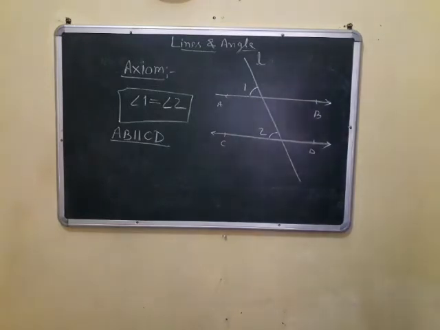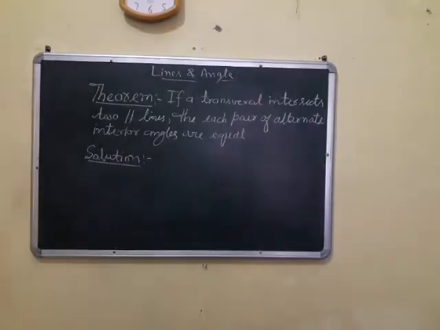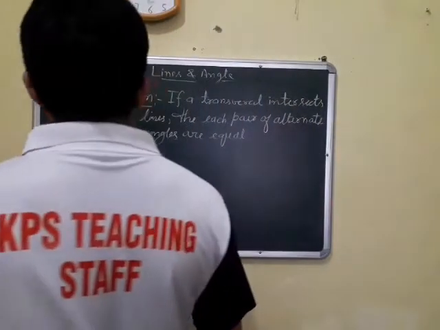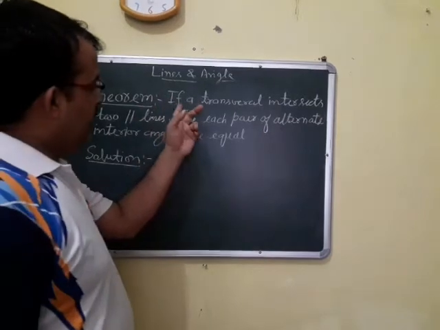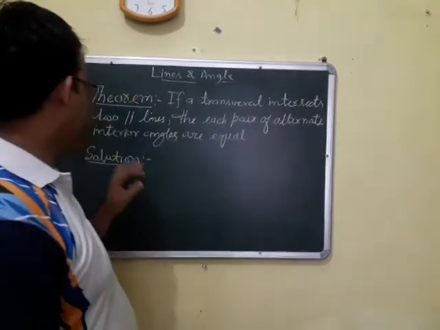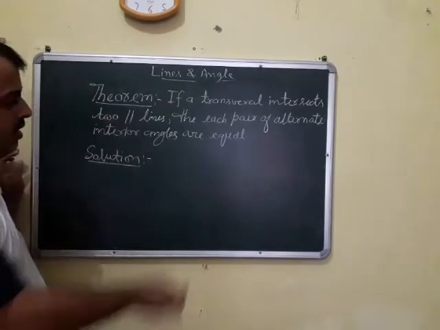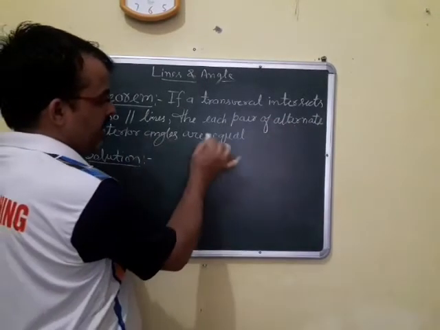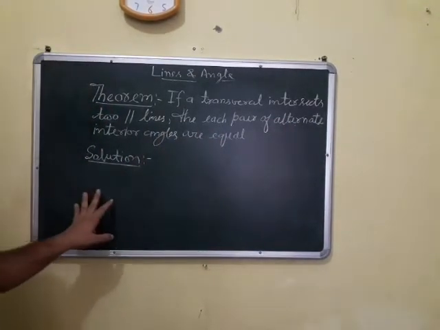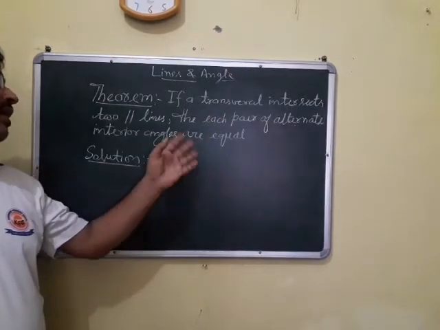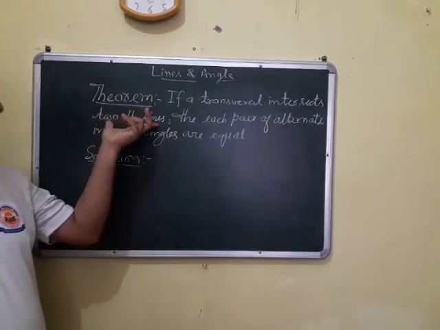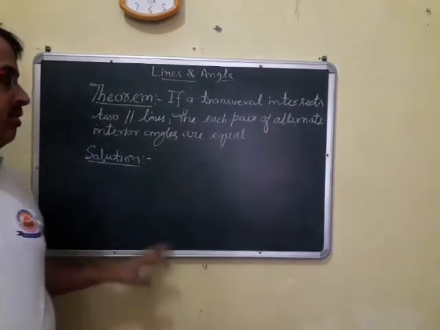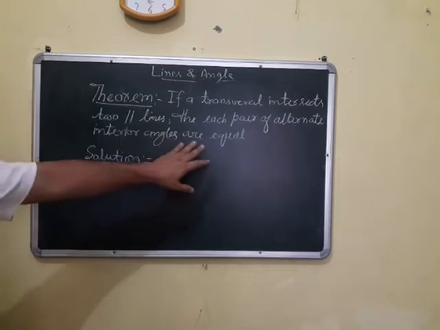The first theorem here is: if a transversal intersects two parallel lines, then each pair of alternate interior angles are equal. क्या कह रहा है यहाँ पे, अगर कोई ट्रांसवर्सल लाइन है, ठीक है, वो इंटरसेक्ट कर रही कैसी, टू पैरेलल लाइंस को, the each pair of alternate interior angles are equal.